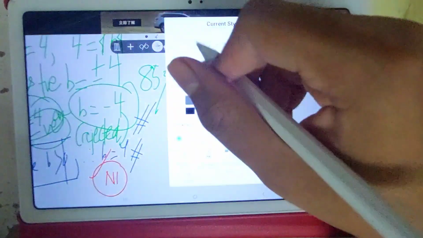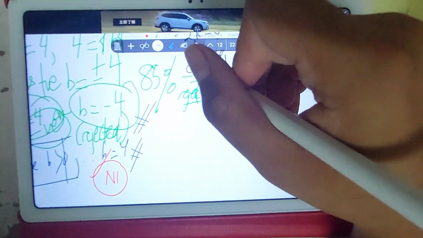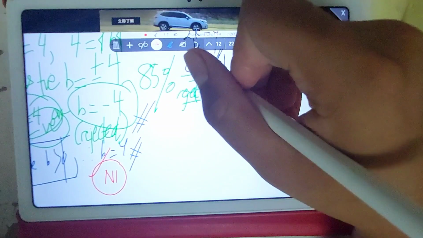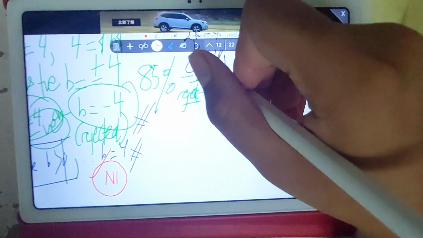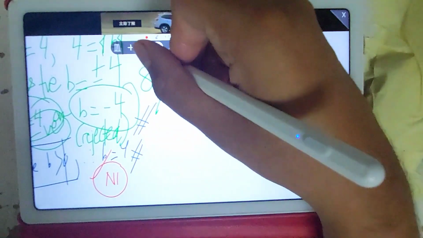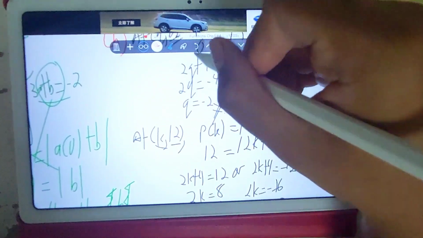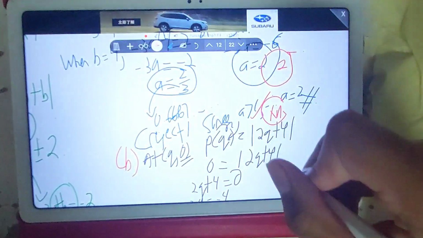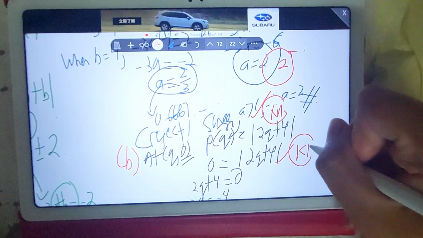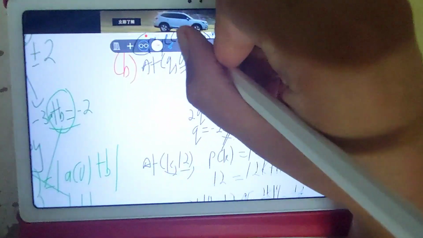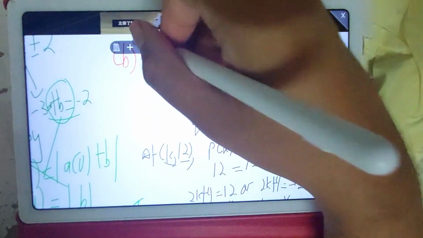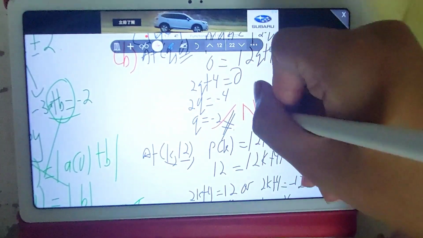So where is it coming from? First of all, your first mark, you must show that the modulus function on top here for the Q value. Here you get your K1. And when you can find your Q is negative 2, you get your N1.